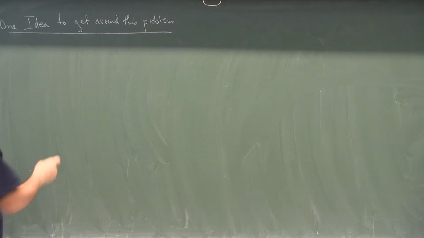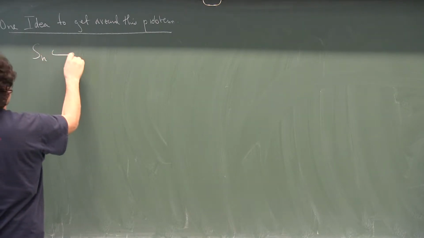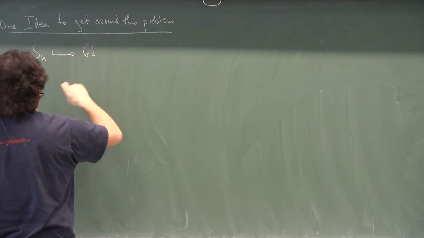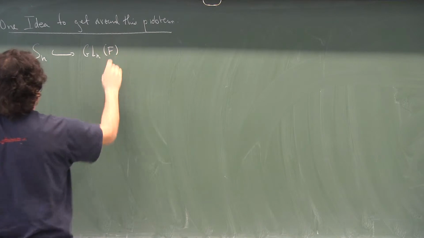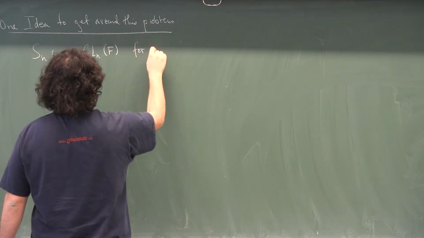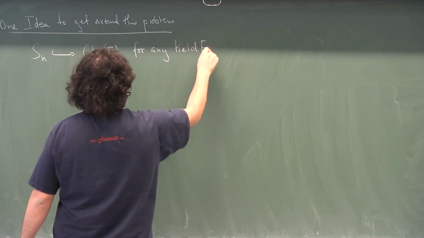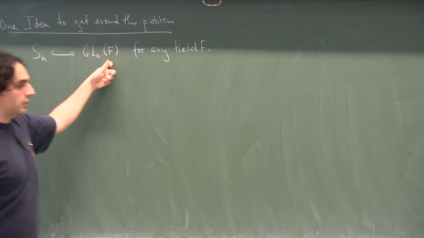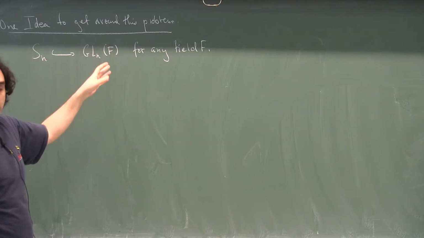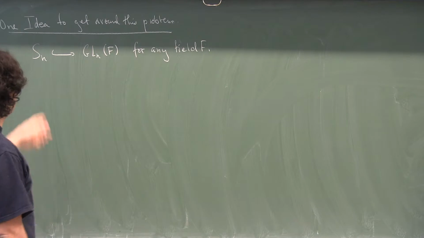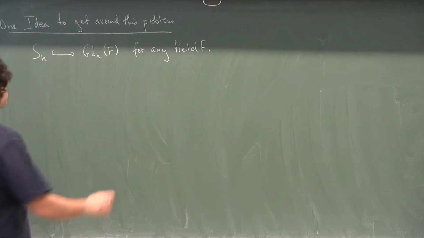There is a natural embedding of the symmetric group into the general linear group GL_n(F) for any field F. So remember, we talked about this one in one of the first lectures. This is the group of n by n invertible matrices over the field F.